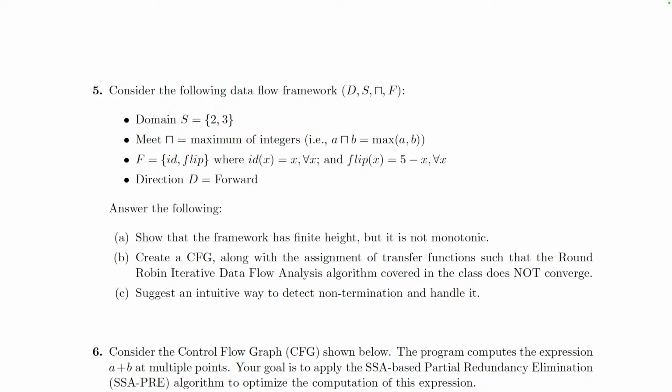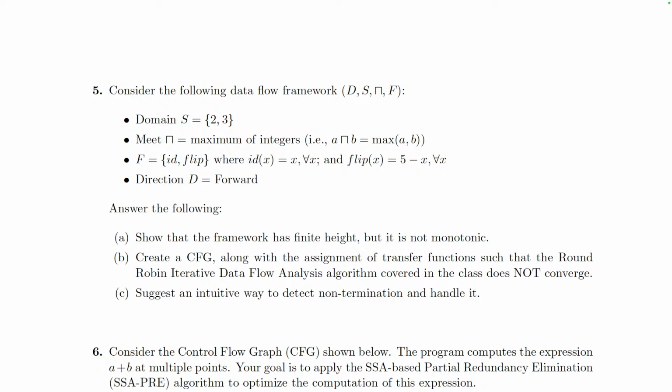which is not monotonic, this flip x. It rotates between values: you take 2 it becomes 3, you take 3 it becomes 2, so it is not monotonic. I don't know how simply I can explain this, but if you have your control flow graph, I am doing this very informally, so please skip if you are not able to get the intuition.